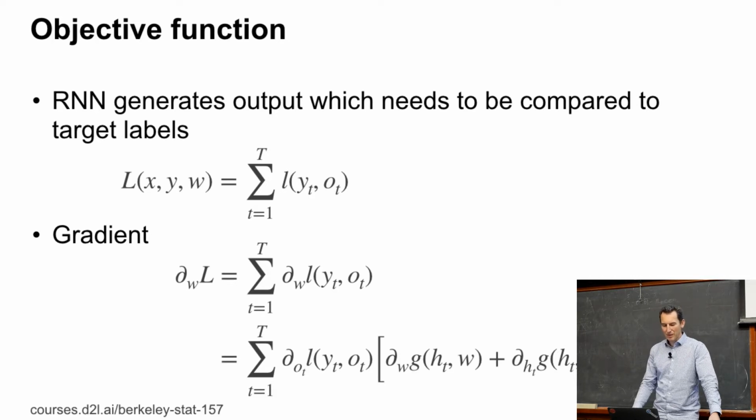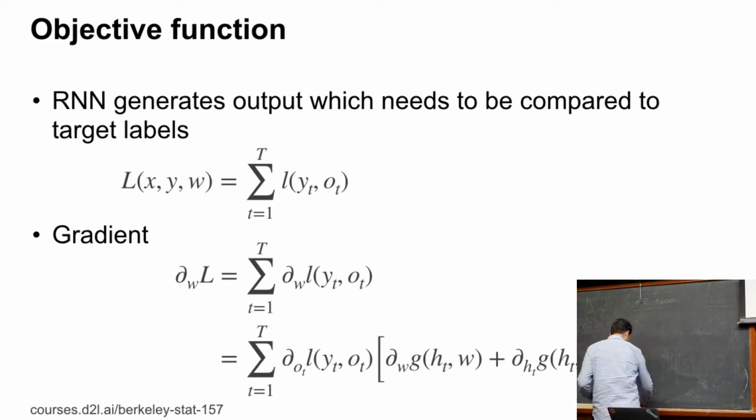So I have the dL/dO, right? Because the output's the only part that depends on it. And now I can pull that chain rule further. Namely, I have G of H and W, right?